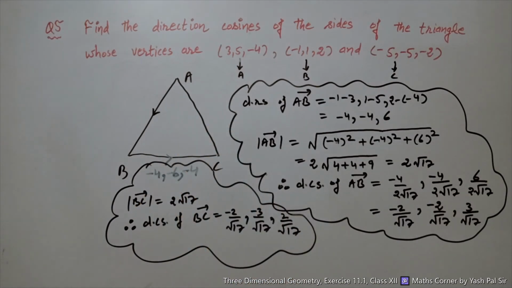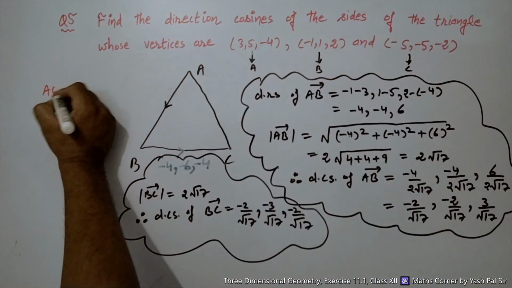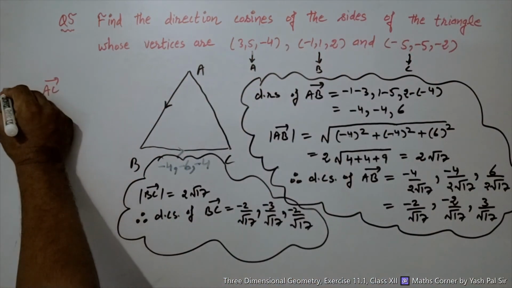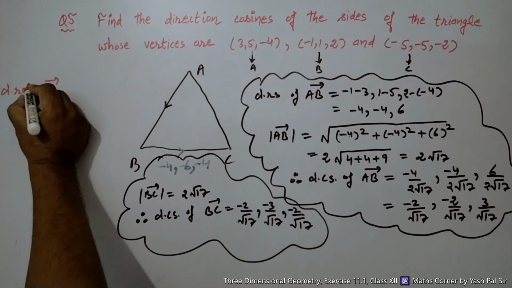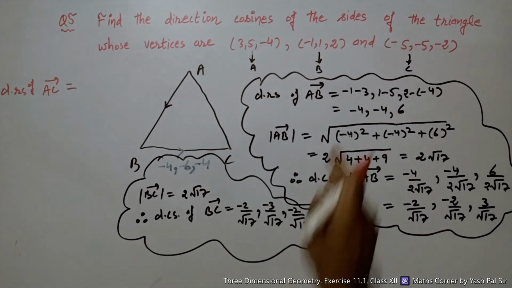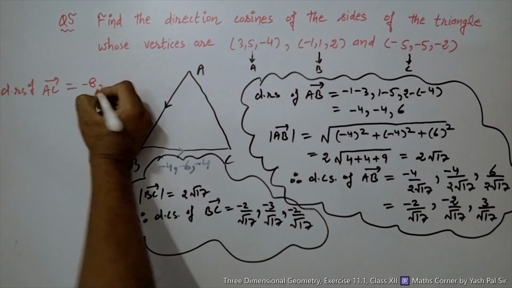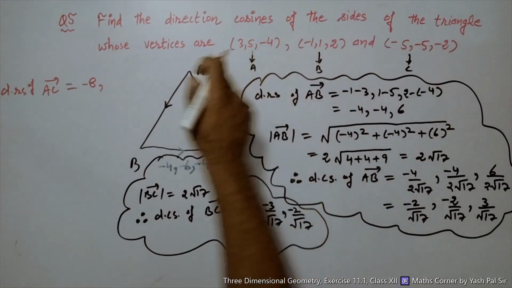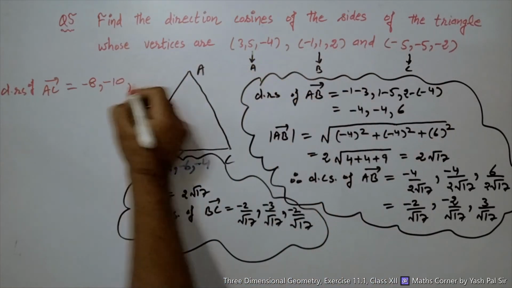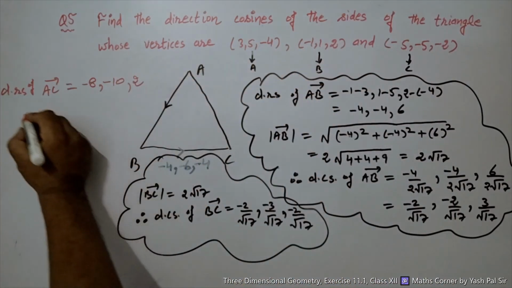Thirdly, we have the side AC. Direction ratios of line segment AC are equal to -5 minus 3, -5 minus 5, -2 plus 4.